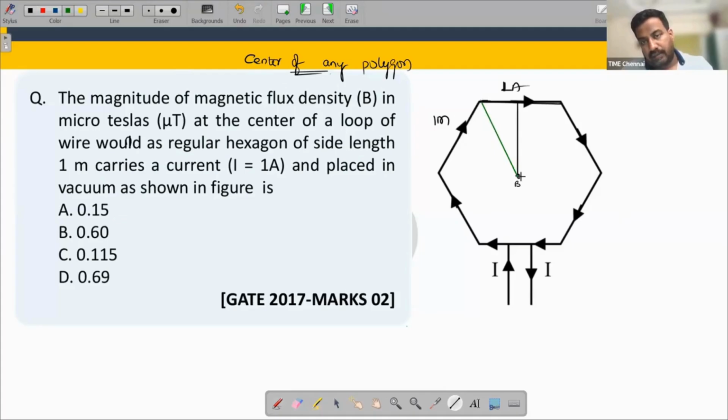So here very clearly the formula that will be useful is H is equal to I by 4 pi rho, cos alpha 1 plus cos alpha 2, a phi. I get this at the center.